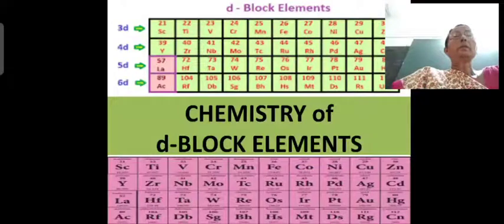Now, which are D block elements? So in the periodic table, you know that there are 4 blocks based on the electronic configuration. I mean, where the valence electron goes in the outermost orbital.